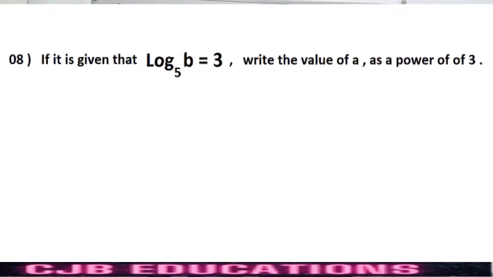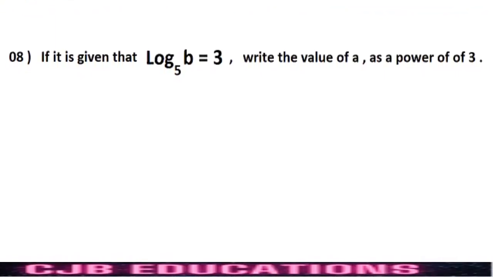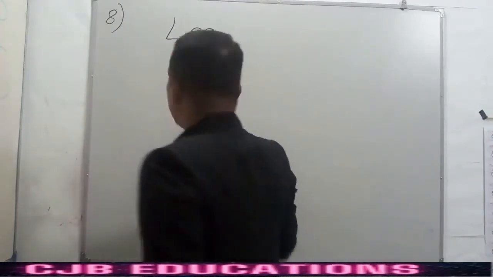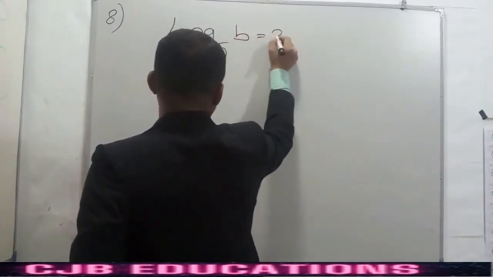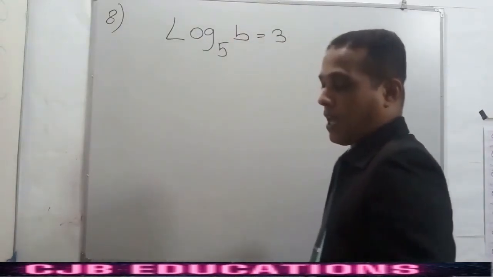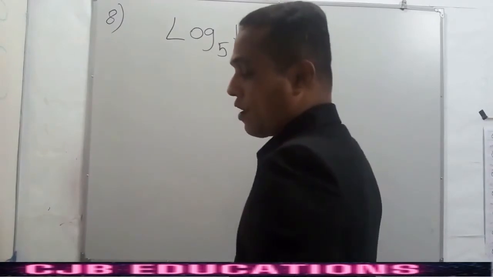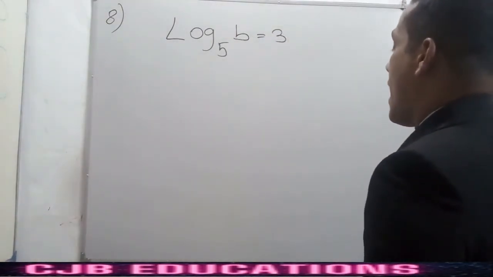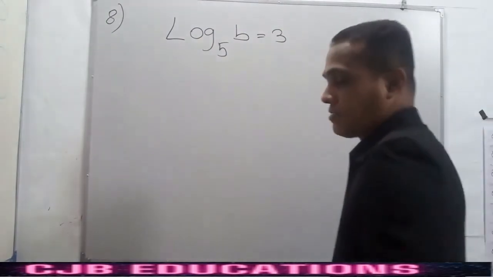If it is given that log base 5 of b equal to 3, write the value of b as a power of 5. It means we have to write this in index form.